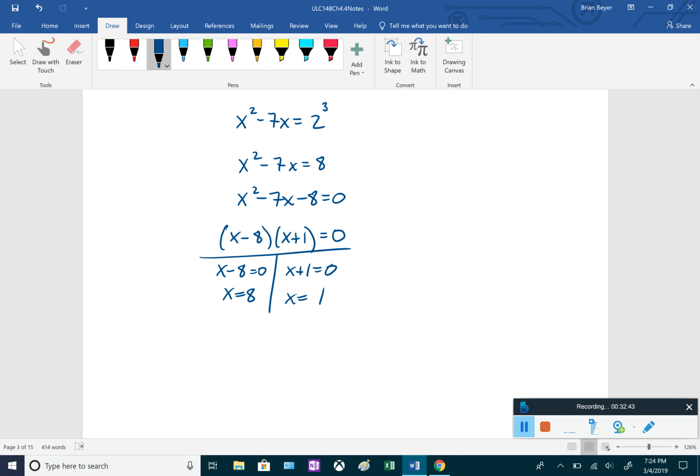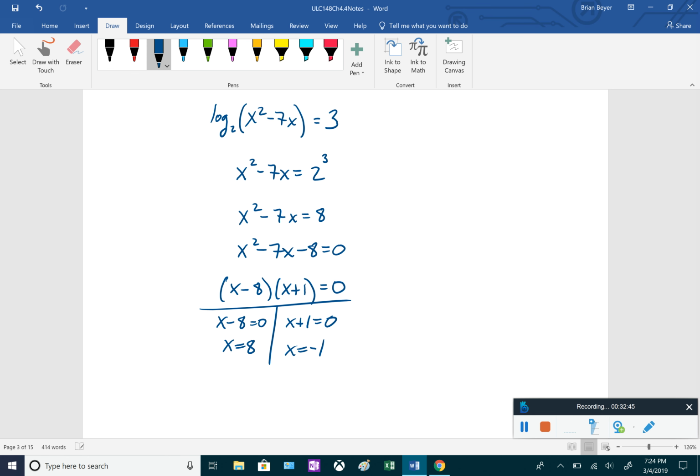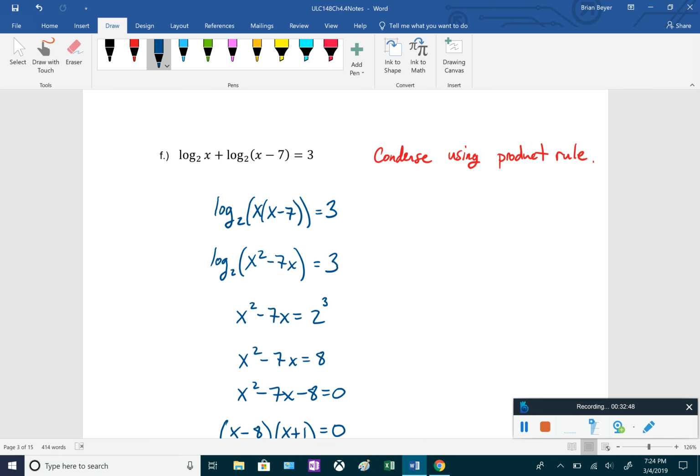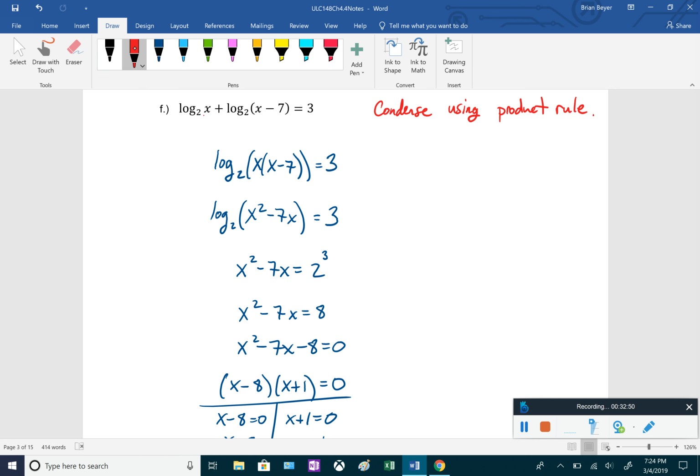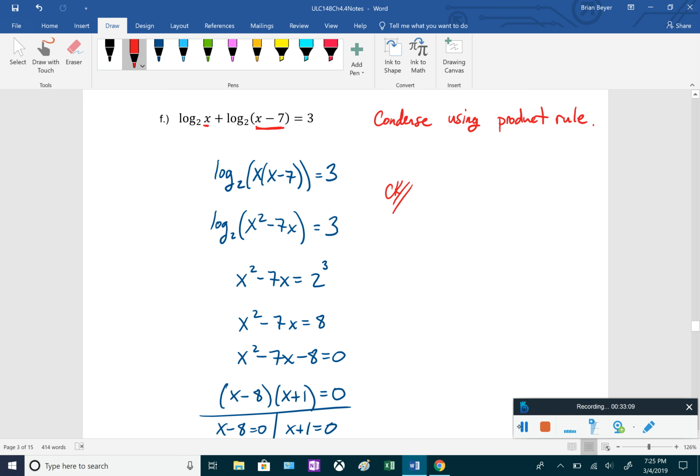And now we have to check these. So we go back up to the original one, and we have to make sure x is positive and x minus 7 is positive. So check. We'll have both of them. We'll start with x equals positive 8.